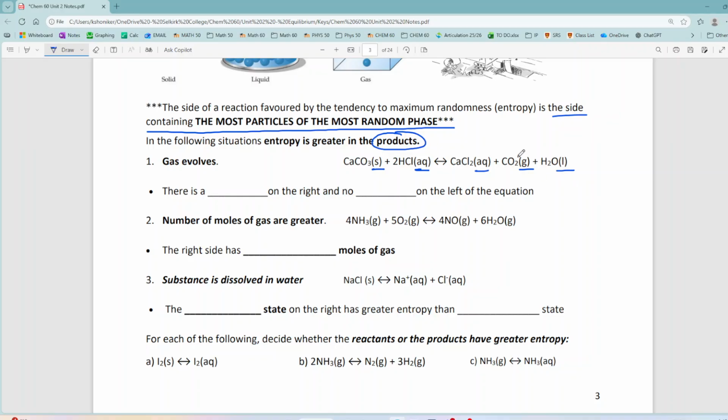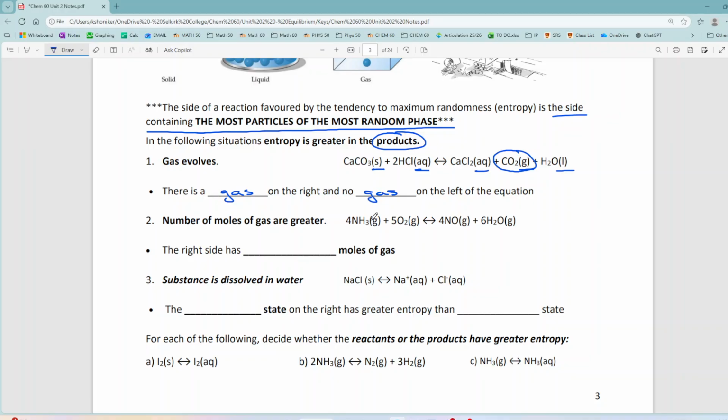The thing that tips this is the fact that a gas exists. As soon as you see that there is a gas on the right-hand side and no gas on the left-hand side, you know that you have the most particles in the most random phase on the product side of the reaction. So that one's a pretty easy one.